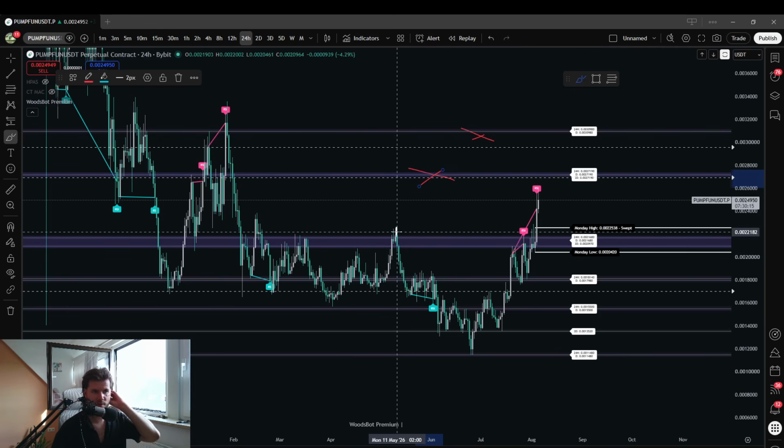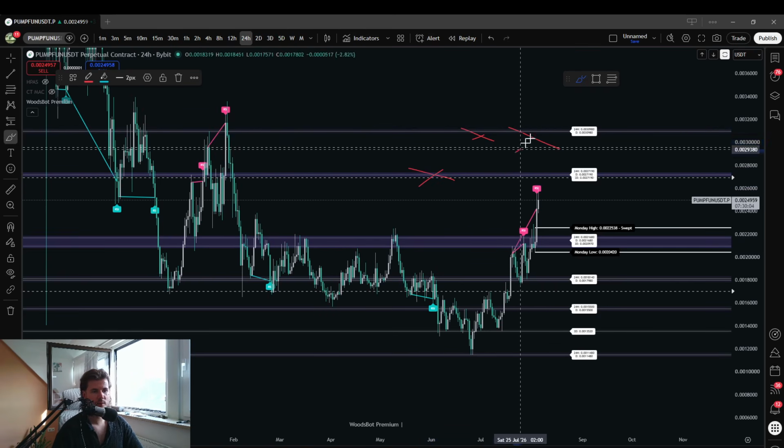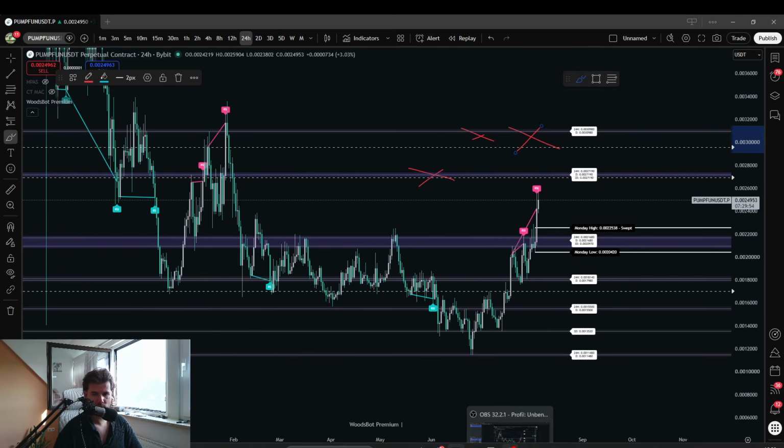I think you can definitely scalp short Pump Fun there if it keeps having bearish divergence. But I do think in the end Pump Fun is gonna be reaching this confluence zone right there above. I do think this is the main target for now, and I will be looking to short this level as well. But obviously it needs to get there.